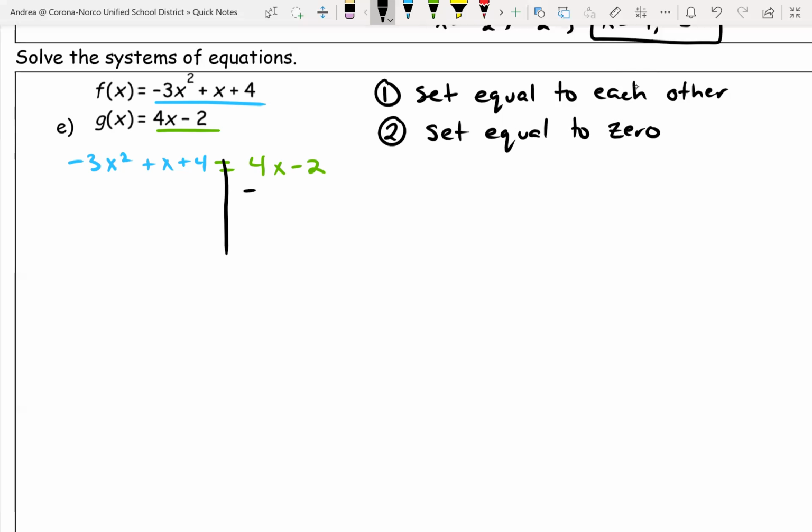So I'm going to move the 4x over. I'm going to add the 2. So it gives me negative 3x squared minus 3x plus 6 equaling, these will cancel out, and I get 0.